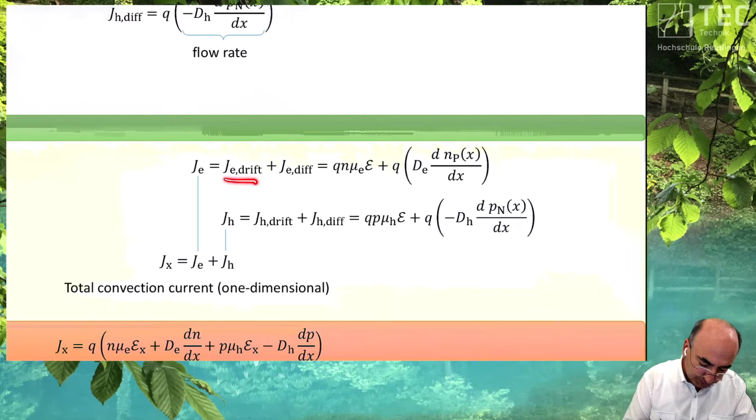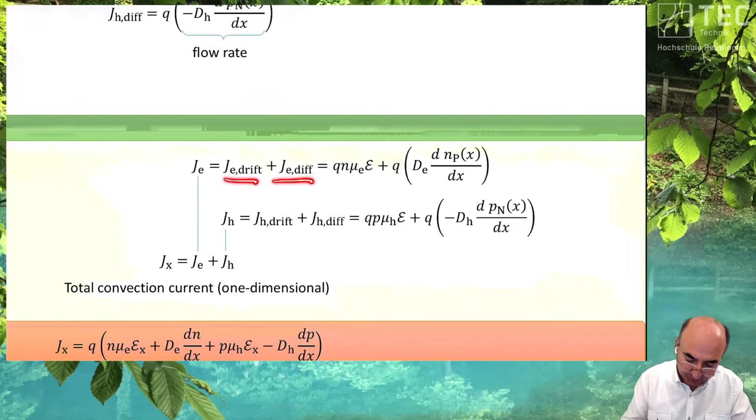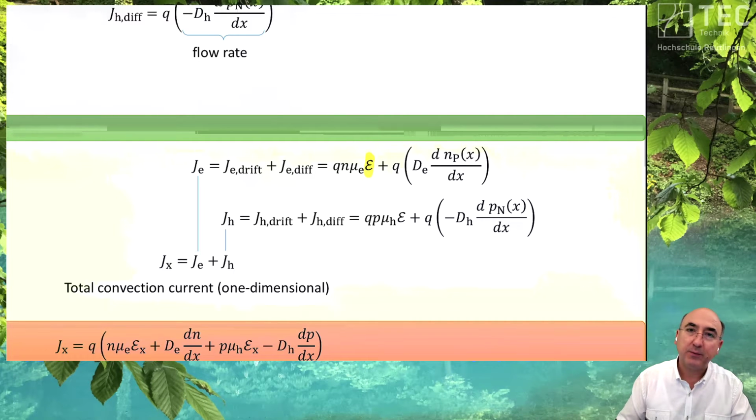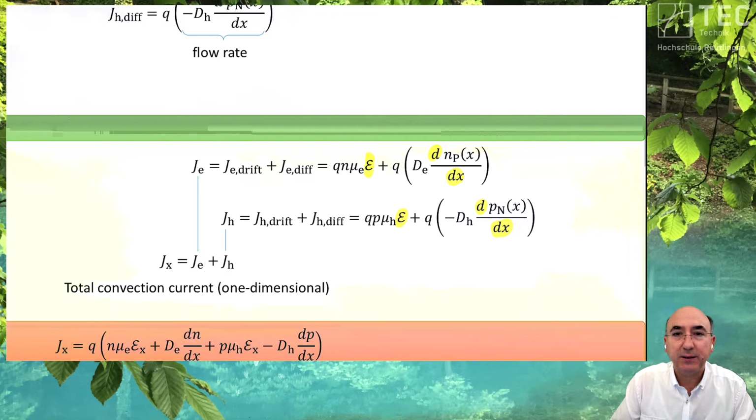is the drift of electrons, diffusion of electrons. So we have the drift, where the engine is the electric field. We have the diffusion, where the engine is the gradient. And the same holds true for the electric field for the holes and the gradient in the concentration also for the holes.